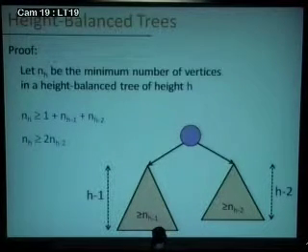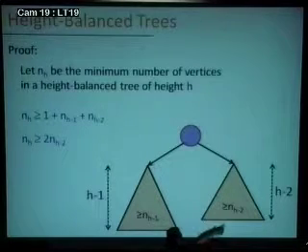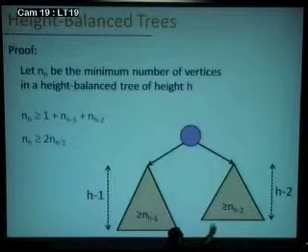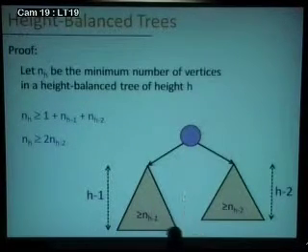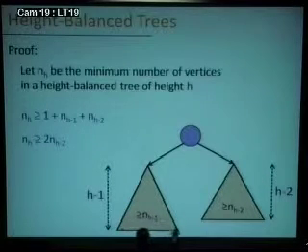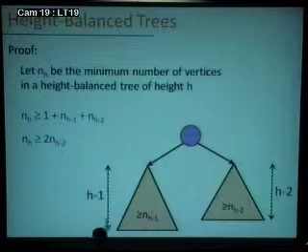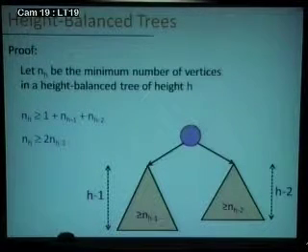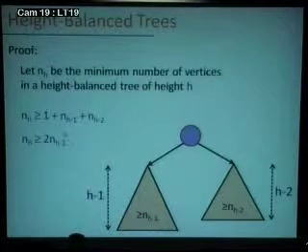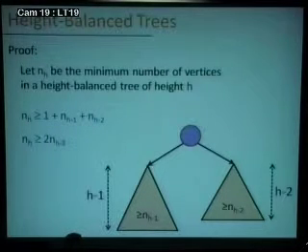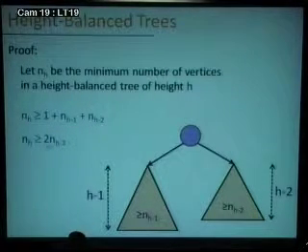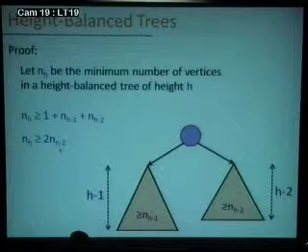Then it becomes h minus 1. The height will be h minus 1 instead of h minus 2. This one node, I replace it with the root. So, this guy is this one plus root. It's the same. So, I can change 1 plus n h minus 1 into another n h minus 2. So, it's 2 n h minus 2. Up to here, understand?